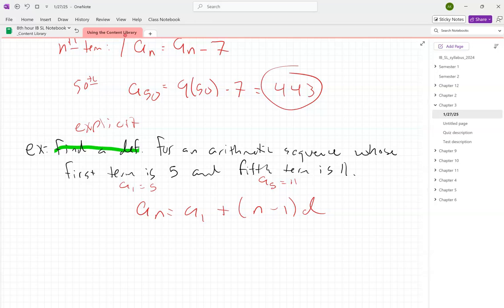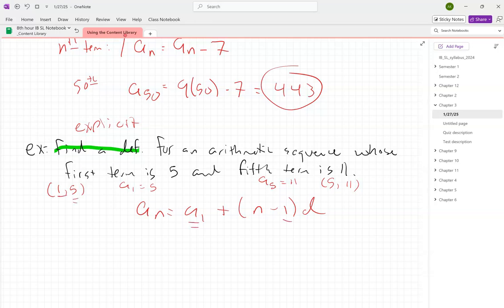Everybody's okay there? I'm going to think about this as the points (1, 5) and (5, 11). Everybody's okay there?